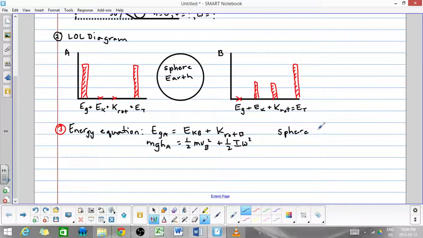All right. Before we carry on, I'll remind you, and you'll have this available to look up, that for a solid sphere, the moment of inertia is 2/5 mr squared. And the other important thing here is the link between translational speed, the linear speed of the center of mass, and the angular speed.